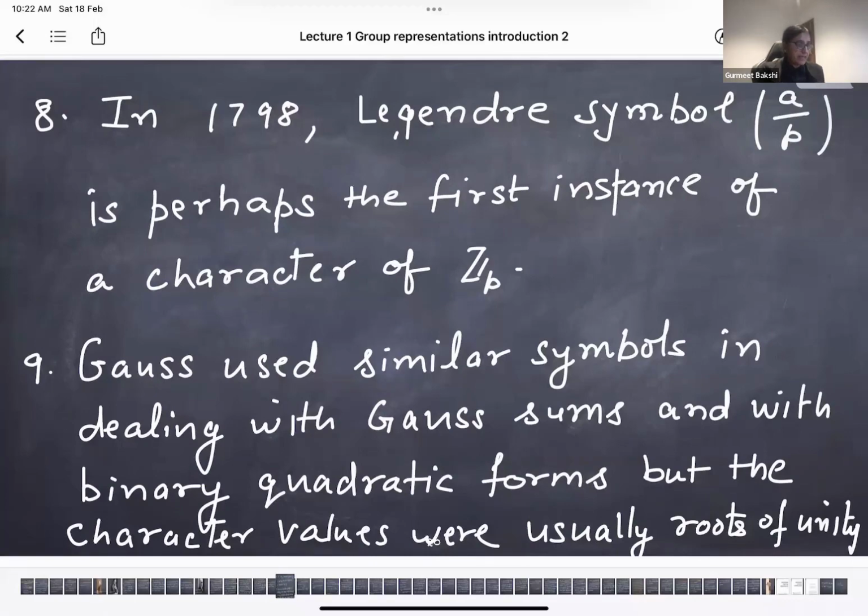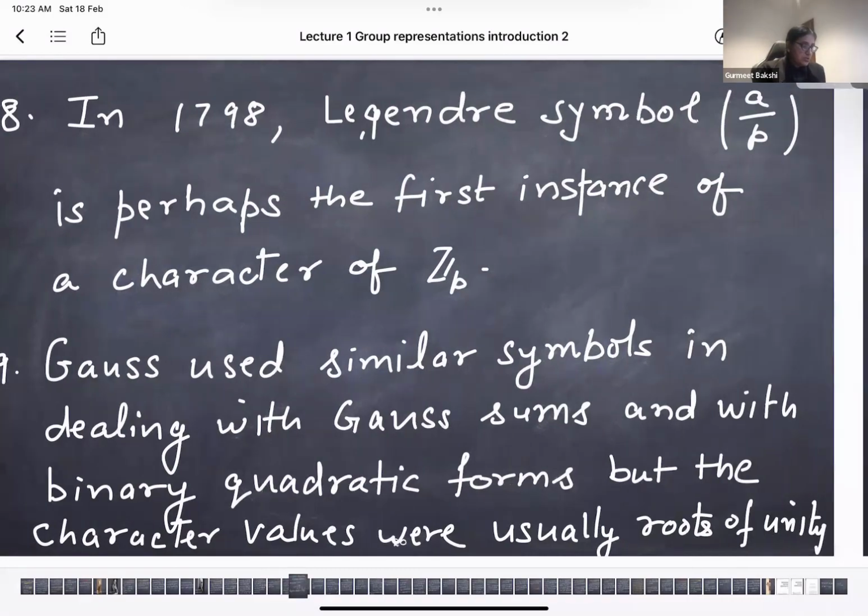Legendre defined the symbol (a/p), as you have seen in your group theory or number theory courses. The symbol takes the value 1 if x² ≡ a mod p has a solution, and -1 when there is no solution. So it's the first instance of a character on Z/pZ.